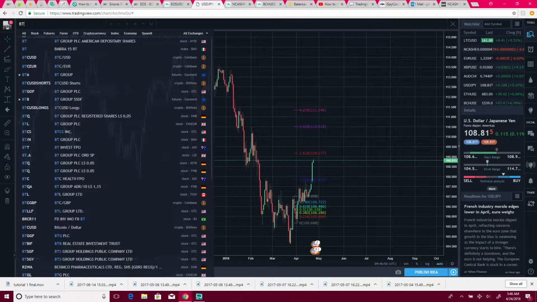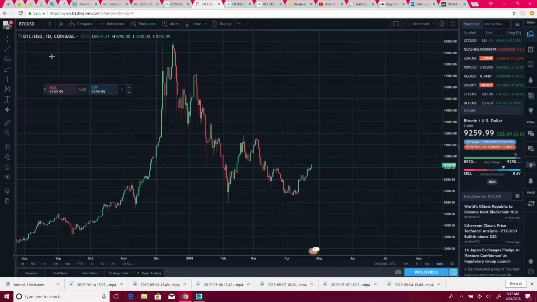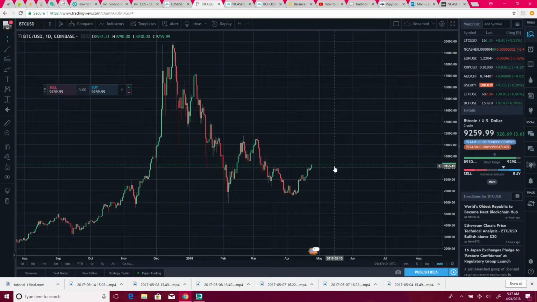Another thing to understand is the base currency of the unit is always 1. So here when you see BTC, this is always 1 BTC. This is 1 Bitcoin. 1 Bitcoin is worth 9,259 US dollars. That's how you read that.